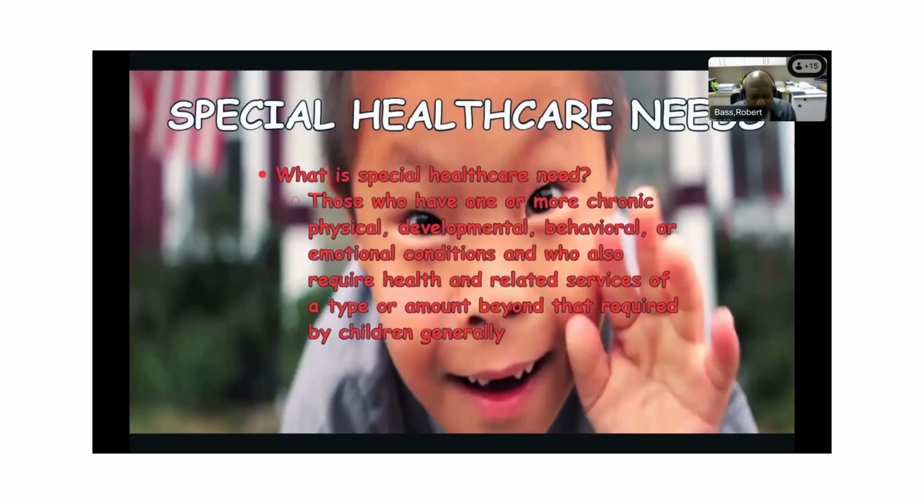Now, when we talk about special needs patients, we're talking about patients with mental, emotional, or some type of physical disability. This person may need help communicating, they may need help moving, or may just need help taking care of themselves.